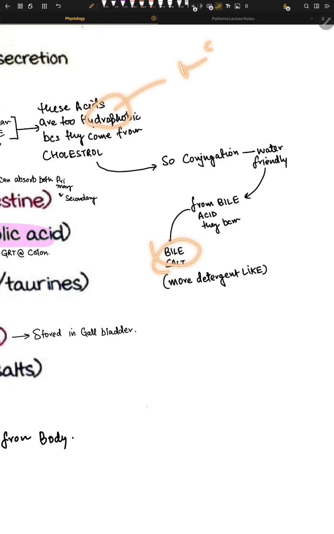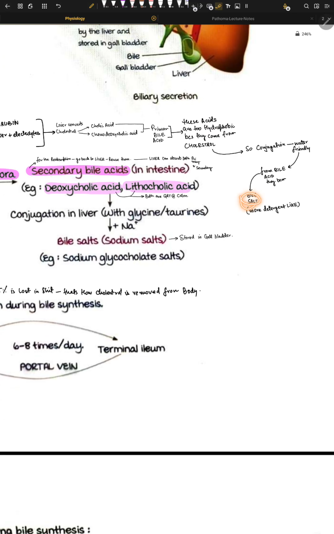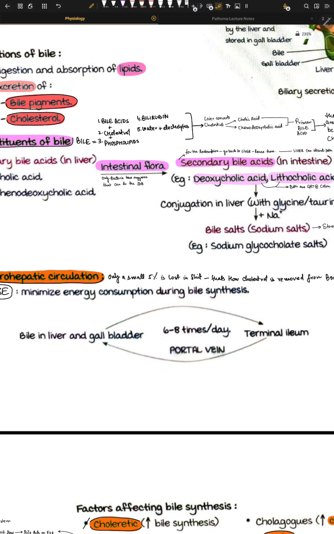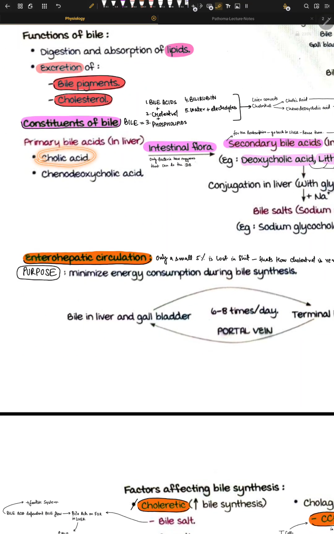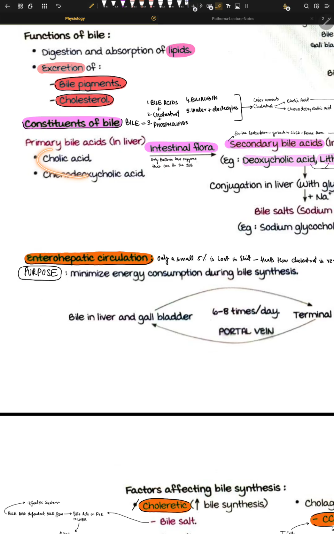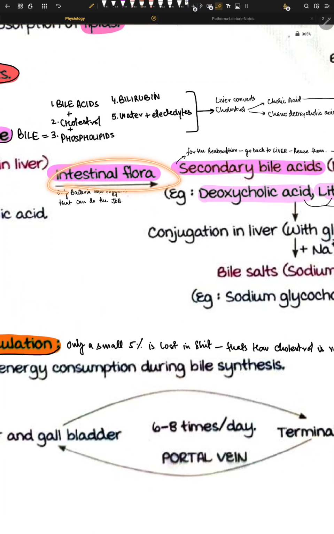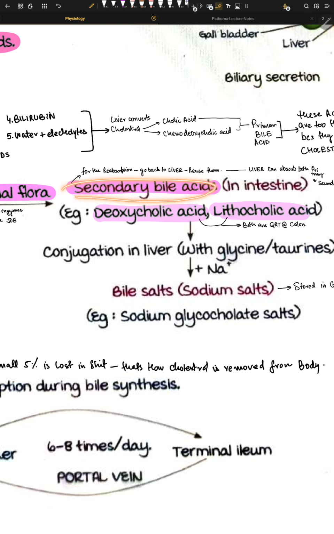So bile salts, right? Let's talk about bile salts. What are bile salts? That is basically the conjugation, right? So we have cholic acid and chenodeoxycholic acid that's coming from cholesterol, right? And then we have this conjugation happening. Then these acids become hydrophilic, right? That's the idea right here. And it's done via intestinal flora. These bacteria do it. And then we have these secondary bile acids, right?